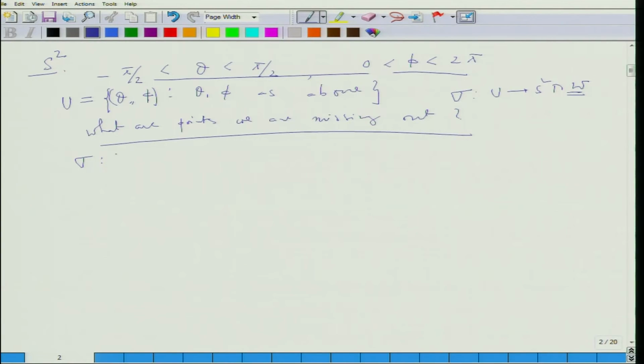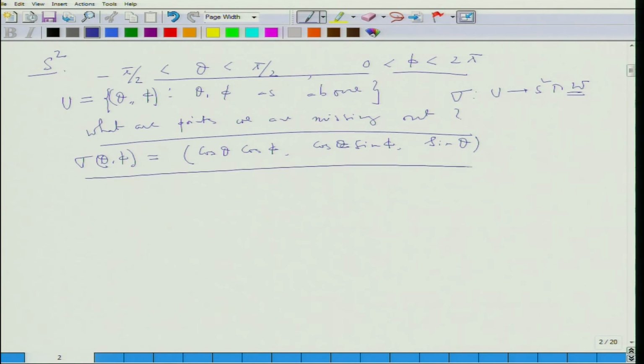And what is my sigma of theta phi, that you can usually see. This will be (cos theta cos phi, cos theta sin phi, sin theta). I think you have learned in your class 2 courses that this is the usual parametrization of the sphere.